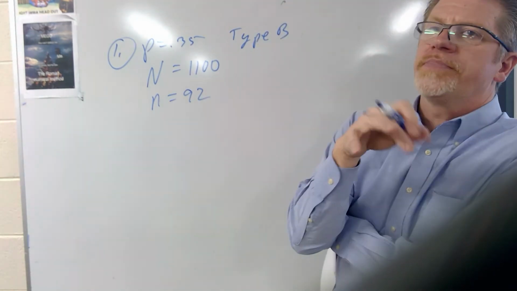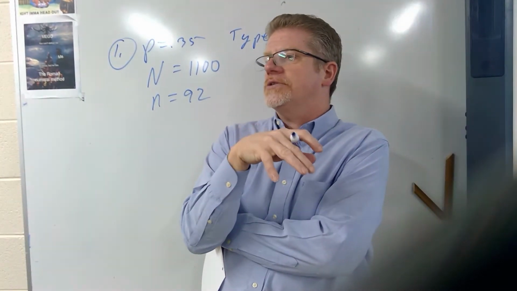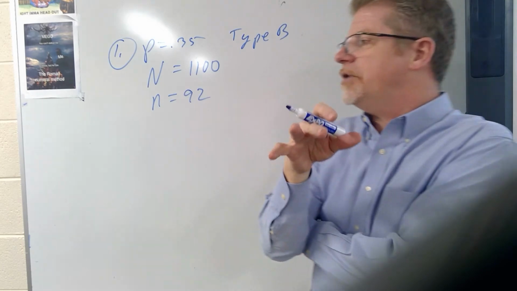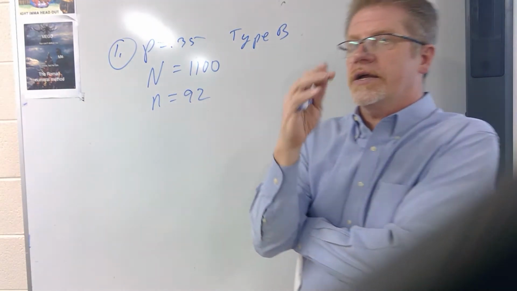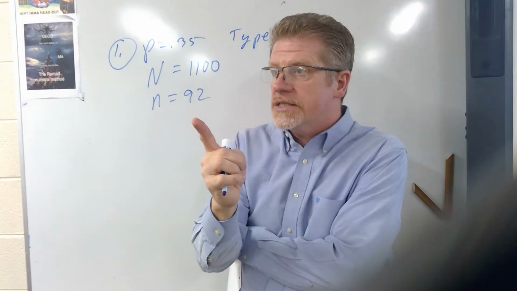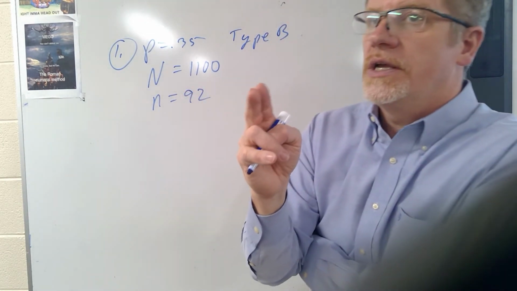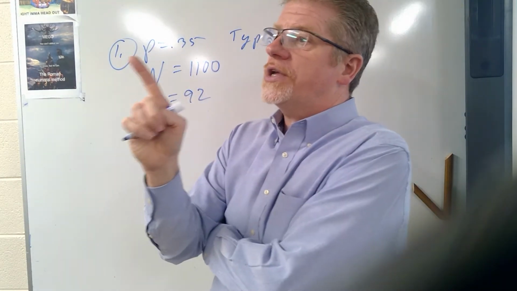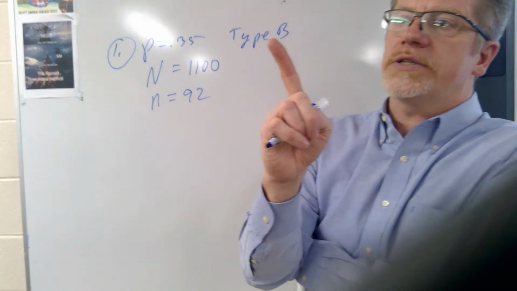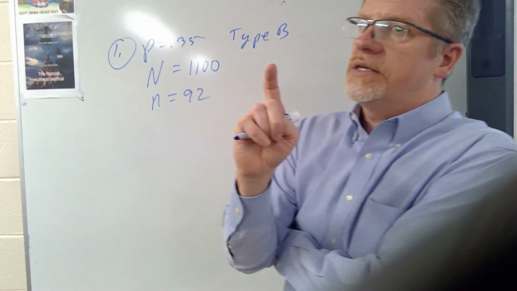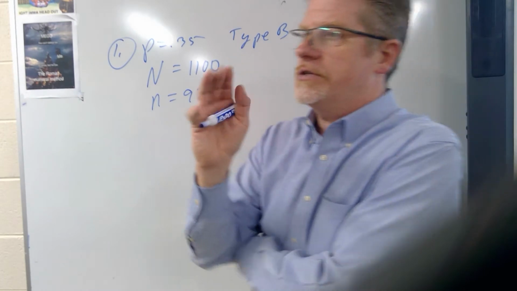Now, by the way, is this sample size too big or too small? Take a moment to check the 10% condition and the success-failure condition. So check three conditions here to see if our sample size is okay: 10%, success, and failure.